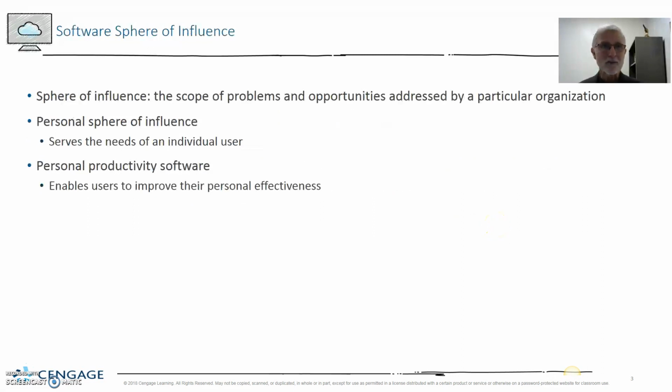Now, sphere of influence: what kind of problems and opportunities are we trying to solve? Is it a personal need for a personal sphere of influence? Is it productivity software, Excel, things to help you be more effective, a calendar?